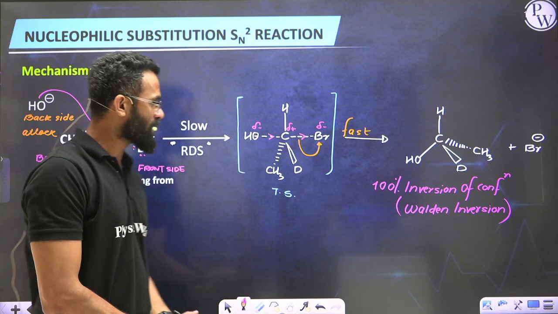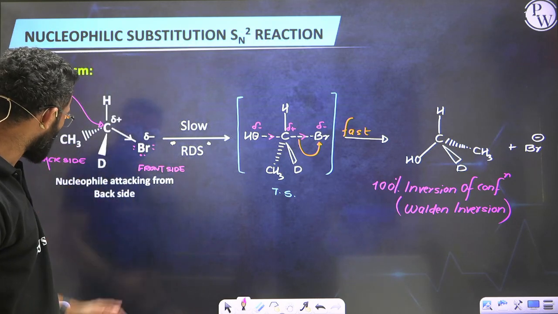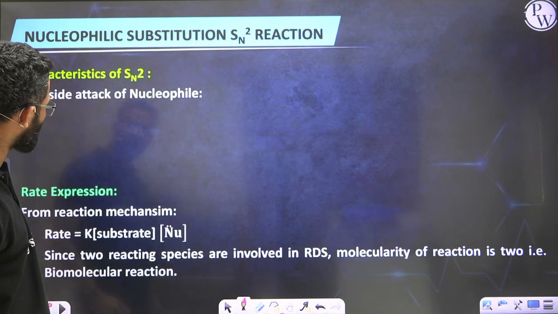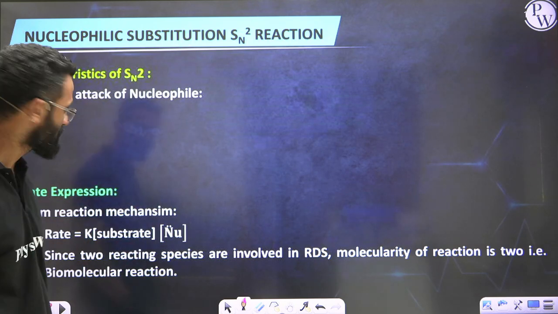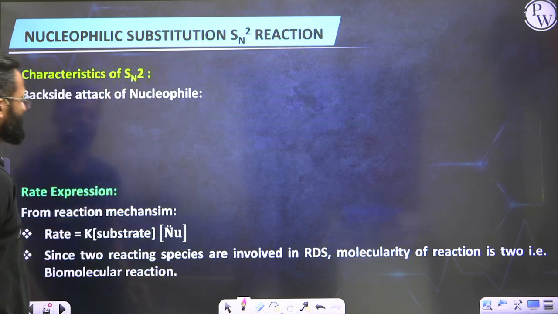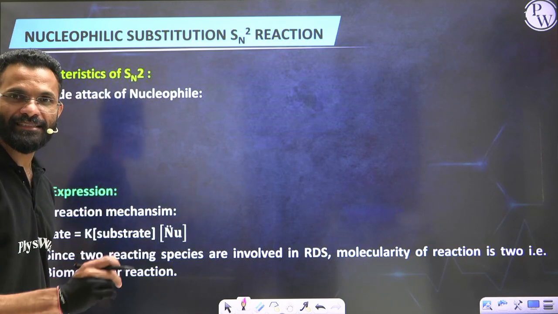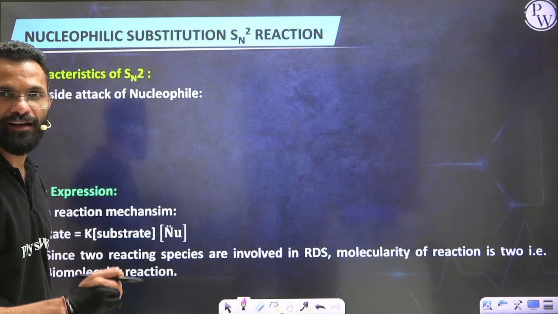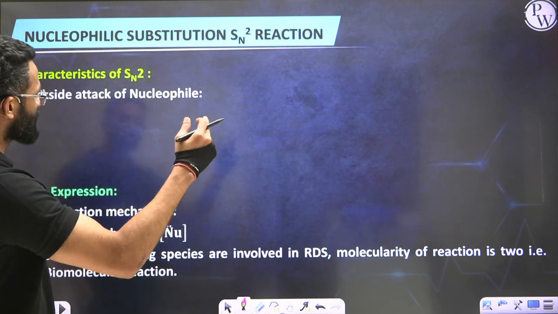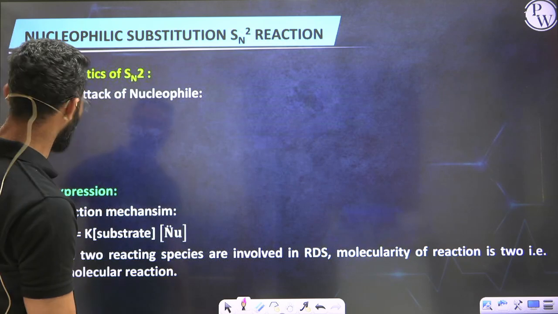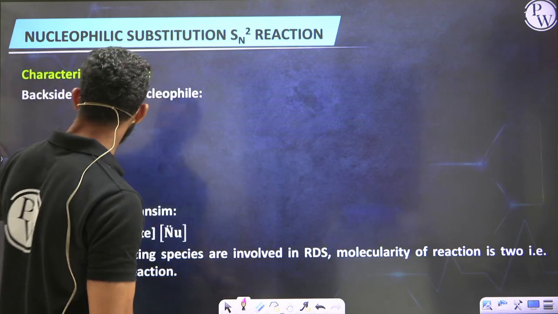Okay. So now this is your entire reaction mechanism, and let's try and understand the characteristics of this SN2 reaction mechanism. First one, backside attack. The backside attack of the incoming nucleophile at the deficient carbon in a concerted step will result in the formation of inversion of configuration. So we can just note it down.